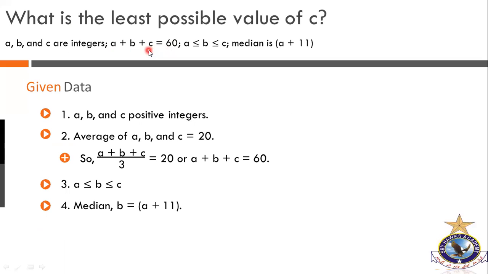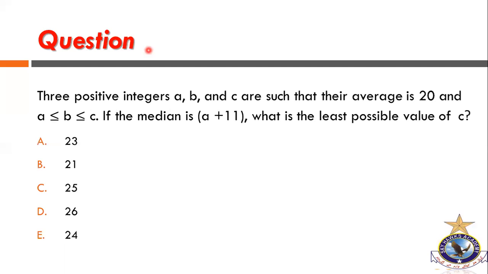So 20 times 3 is 60. We are utilizing the basic definition: the sum divided by the number of items is equal to the average or mean.